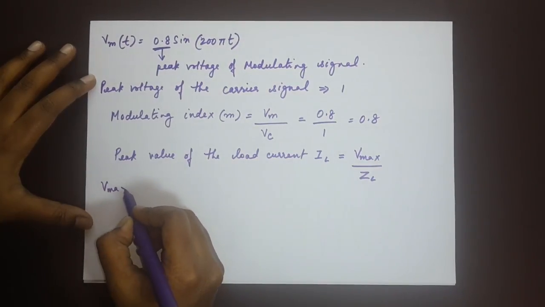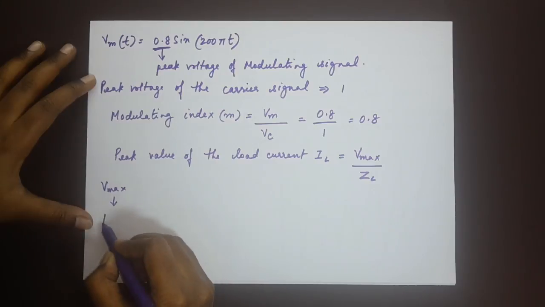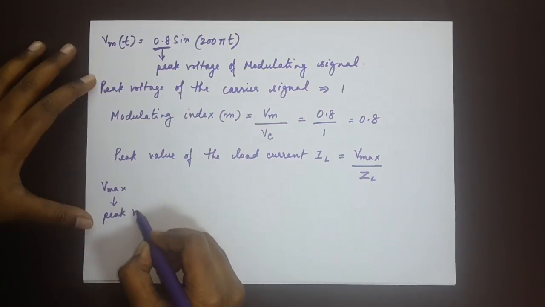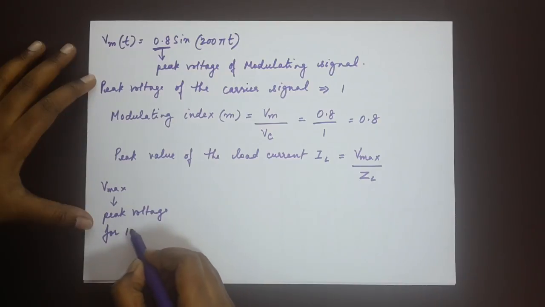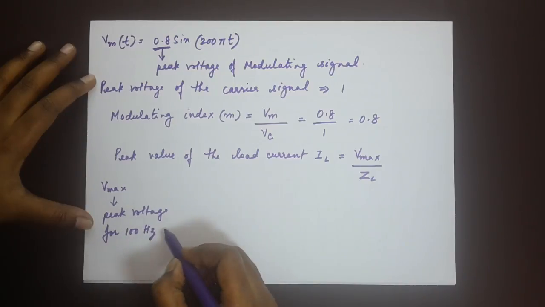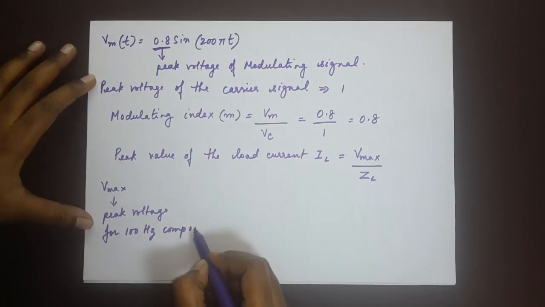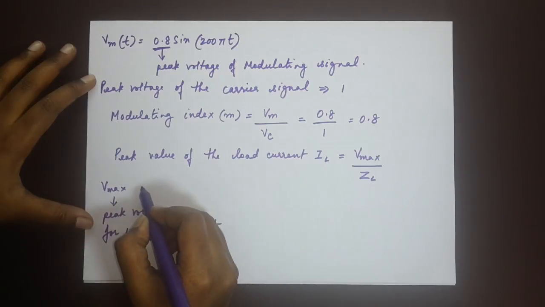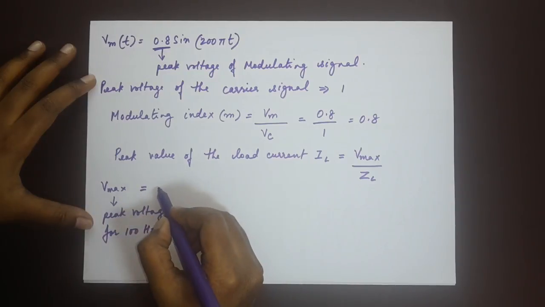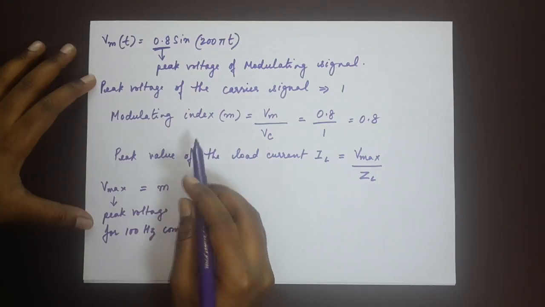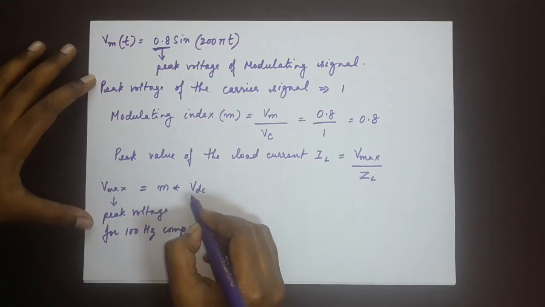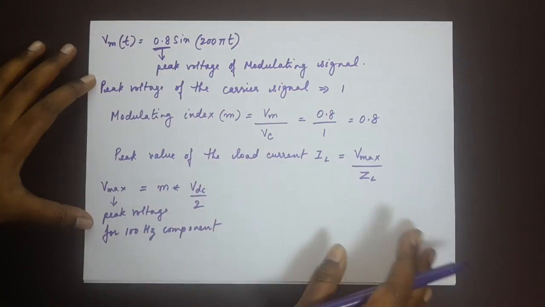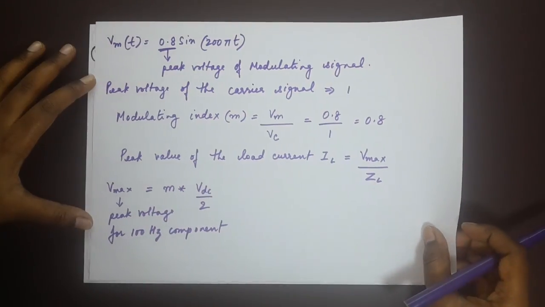So Vmax is the peak voltage for the 100 Hz component, and Vmax is equal to the modulating index M multiplied by the voltage across each switch.